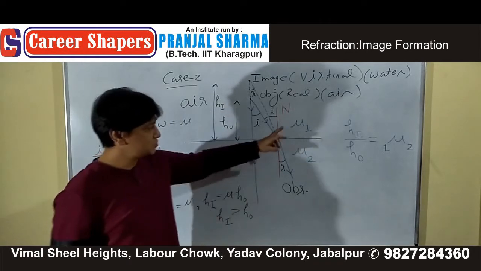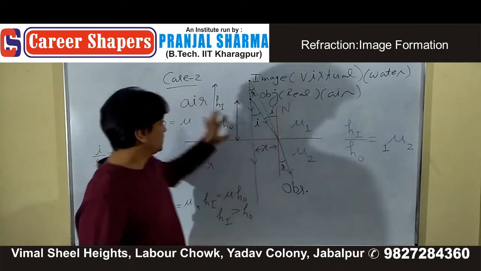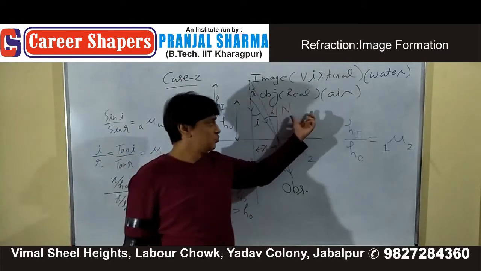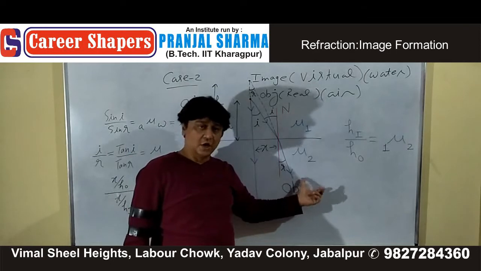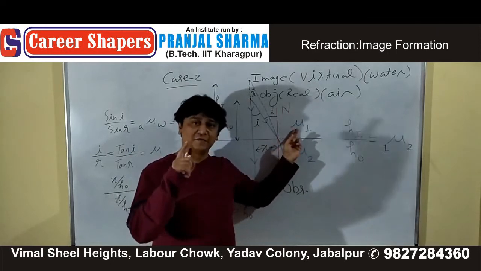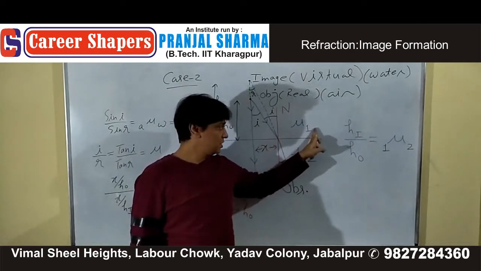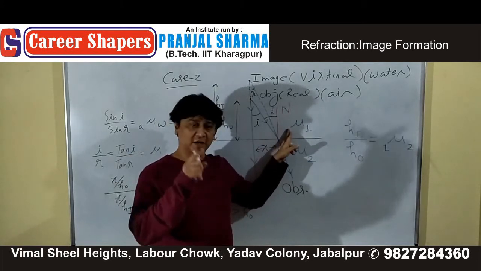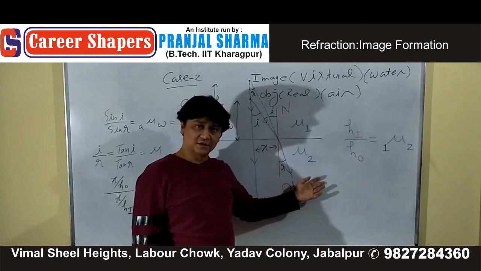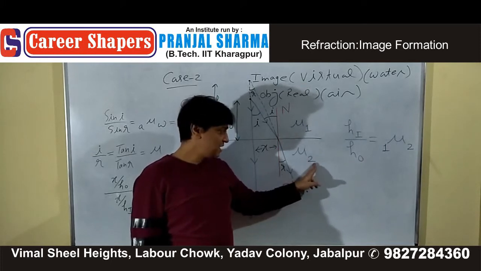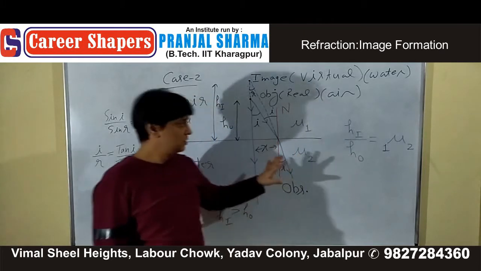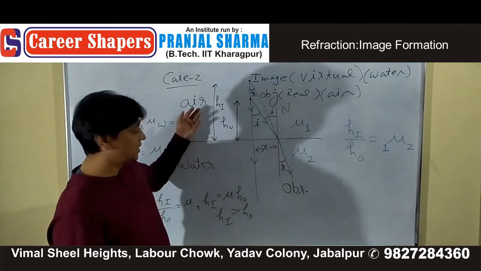Generalized situation. What is mu 1? Now, it's no longer air. Suppose this is water, this is glass. Then what is mu 1? You will say refractive index of water with respect to air. If nothing is written here, that means air. Similarly, if this is glass, then you will say refractive index of glass with respect to air. So for us now, these two mediums are no longer air and water.